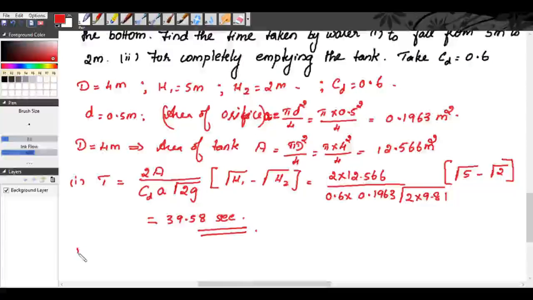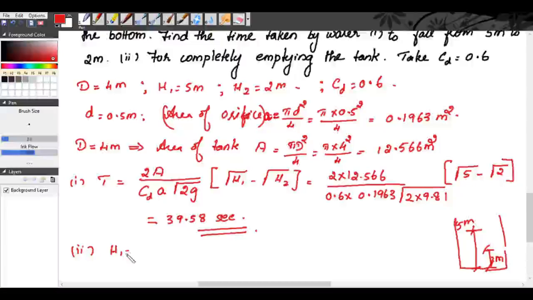Now second case, for completely emptying the tank. Completely emptying the tank means H2 becomes 0.